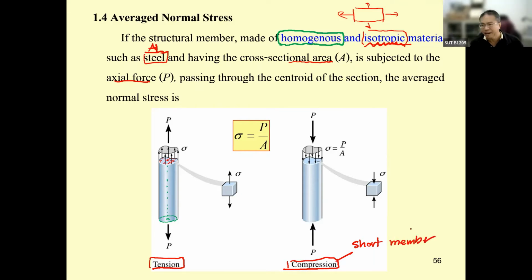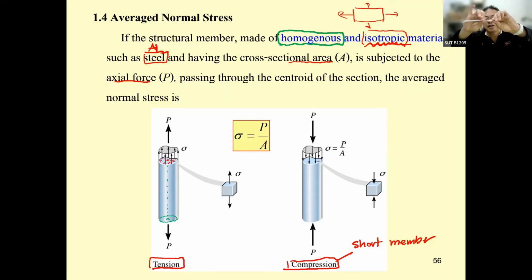Why do I say that? Because if it's in tension, you pull it, and it's going to be elongated. But in compression, if the member is too slender, when you compress it, it's going to buckle like this. We are going to consider the one that is short.